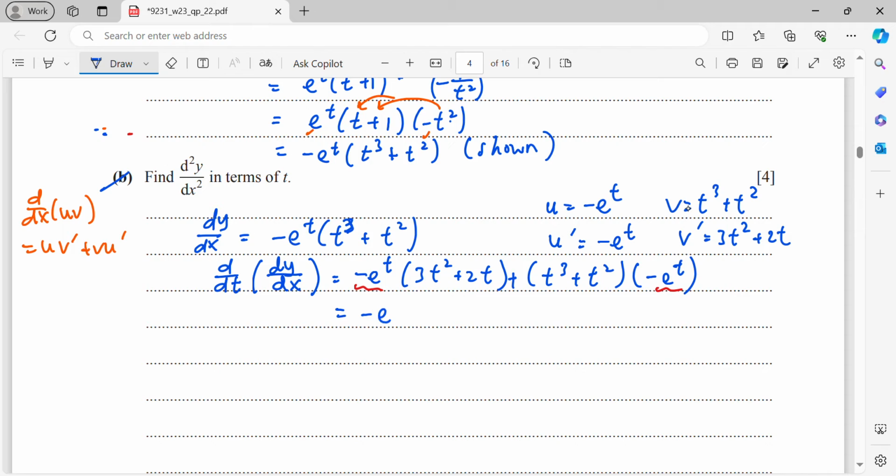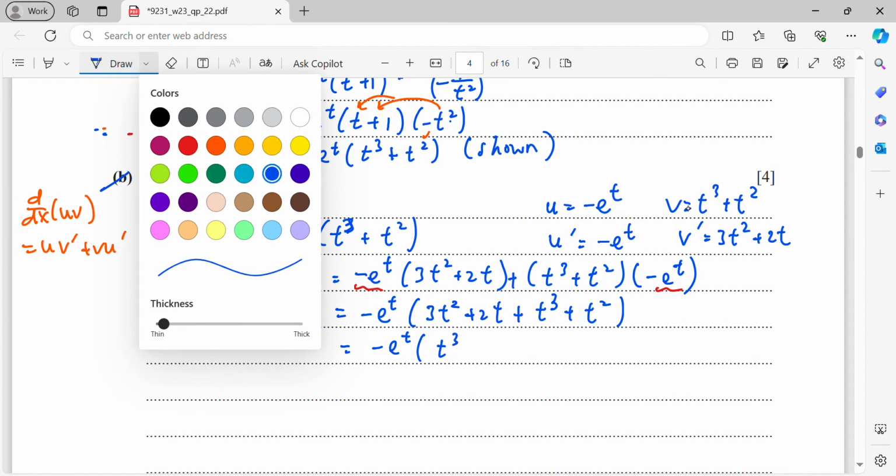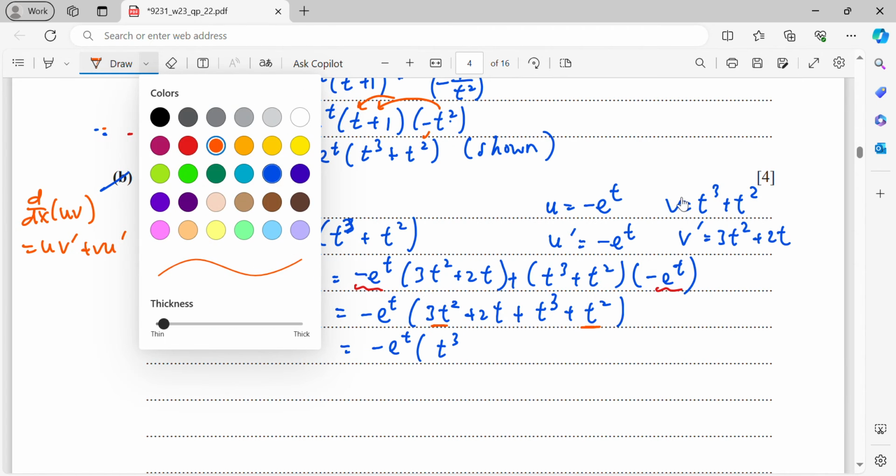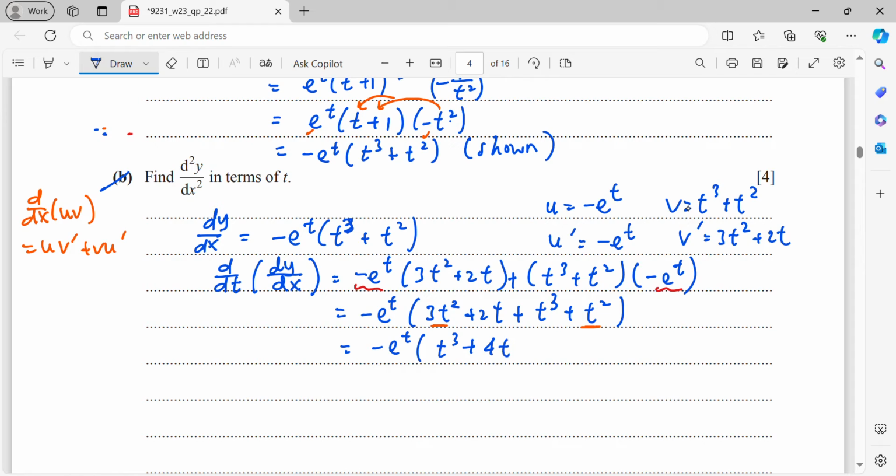So negative e^t times (3t squared plus 2t, then plus t cubed plus t squared). Rearrange first: the first term is t cubed. And then here I get 3t squared plus 1t squared, that is 4t squared, followed by 2t.